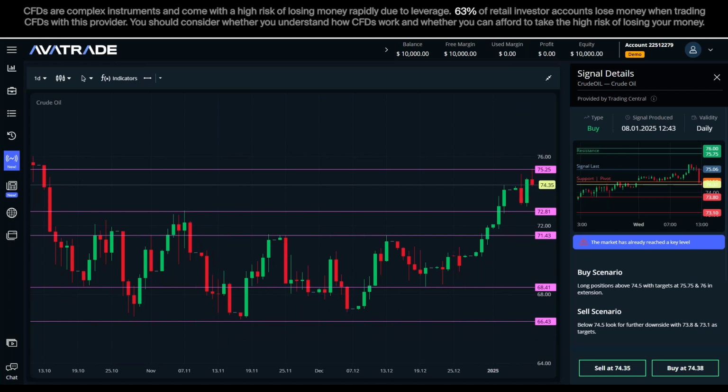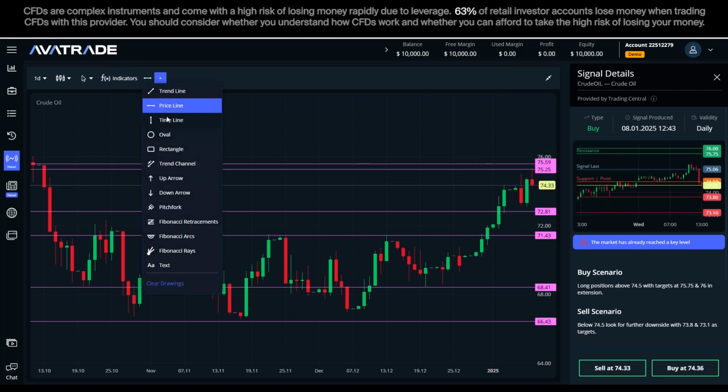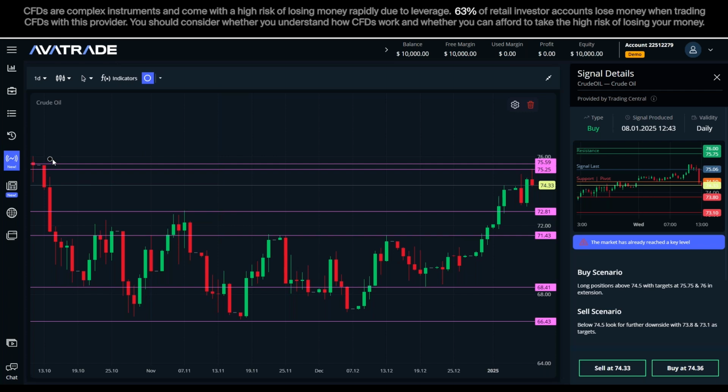So as you can see here, let's also mark that line as well. We're not above the previous resistance. This is the resistance.